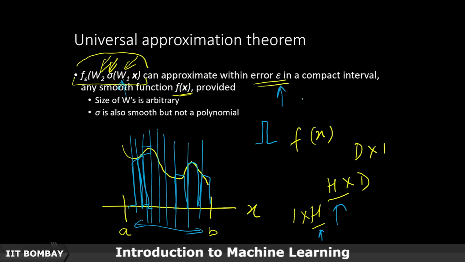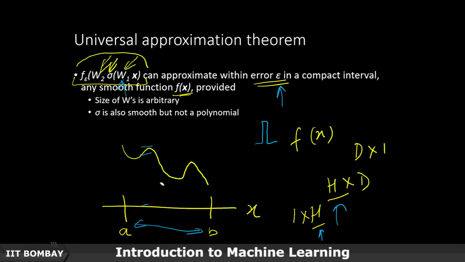I can come close to them using shifted sigmoids, shifted Gaussians. I can come close to it using pairs of positive and negative sigmoids to create a Gaussian type effect. So I have a positive sigmoid and I have a negative sigmoid.